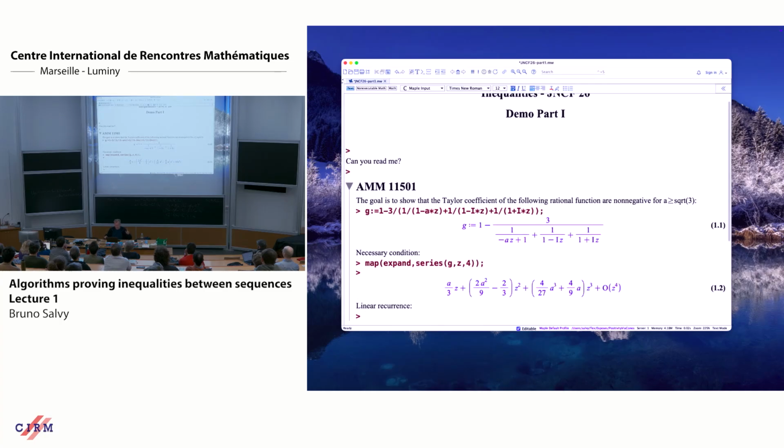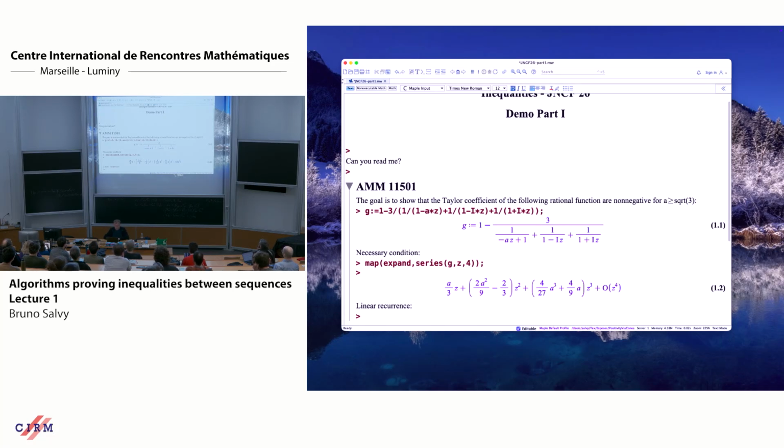Okay, so you see first that A squared larger than 3 is a necessary condition because of the coefficient of Z squared. And also we need A to be positive because of the first coefficient. So you need A larger than square root of 3. So that's clear. So now the question is the other way around.